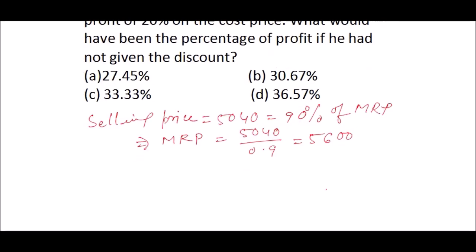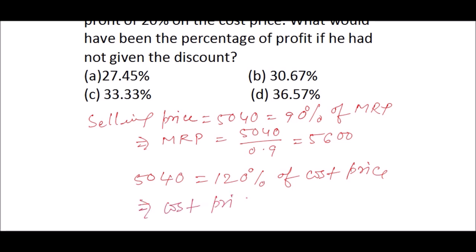Now again, selling price 5040 is equal to 120% of cost price, because it made a profit of 20%. From that, we can find the cost price is equal to 5040 divided by 1.2.